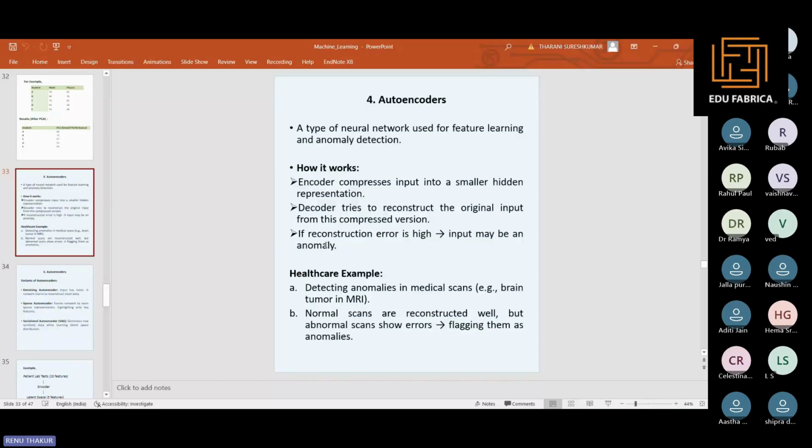So first is the input, the original data, for example 20 lab results. Then the encoder compresses them into a latent space, and after that the decoder reconstructs them and gives you the reconstructed output data. The input and reconstructed data should be the same, otherwise it will consider that there is some error, some anomaly in that data. Why it considers that data as wrong, we will see clearly.